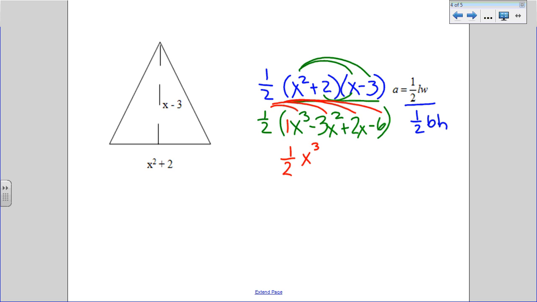So whatever x to the third would be once we have values. This is minus 1.5 x squared, because 1/2 times 3 is 1.5. Could we call it 3/2 and have the same answer? Yeah. Plus x, because 2 times 1/2 is 1. And then minus 3.